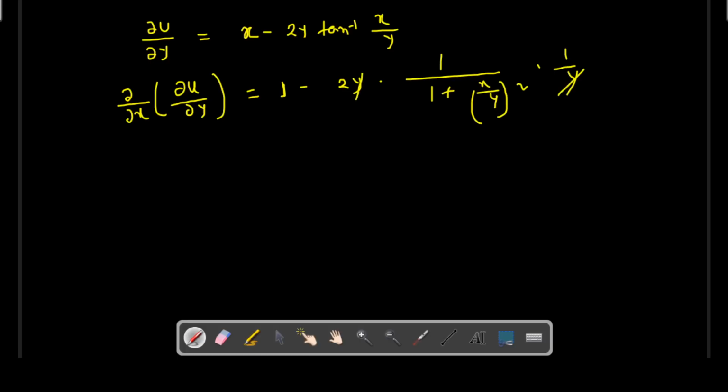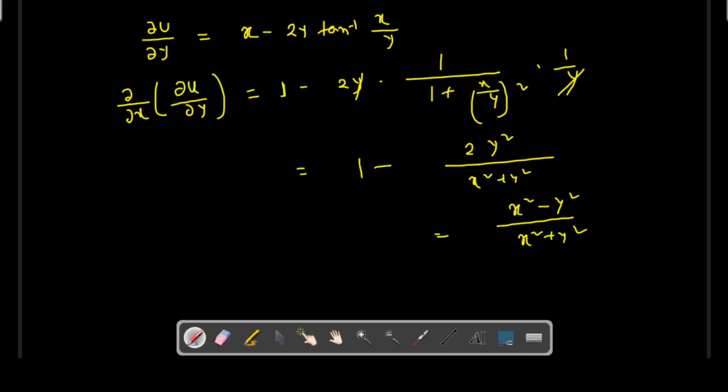So this y and y will cancel out, so it will be 1 minus 2y square divided by x square plus y square. So that will be nothing but x square minus y square divided by x square plus y square. Okay, so this is how we can prove this result, that del 2u upon del x del y is this.